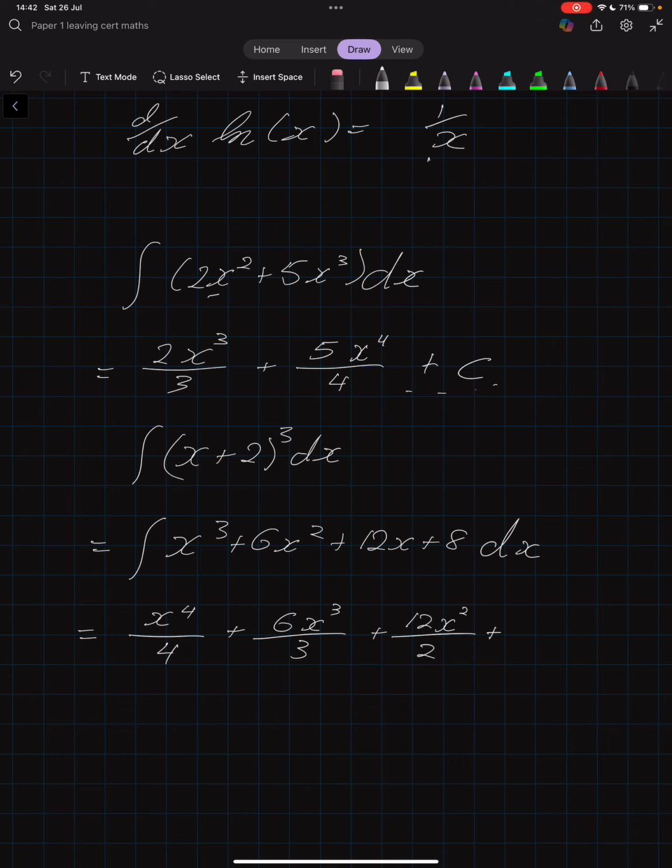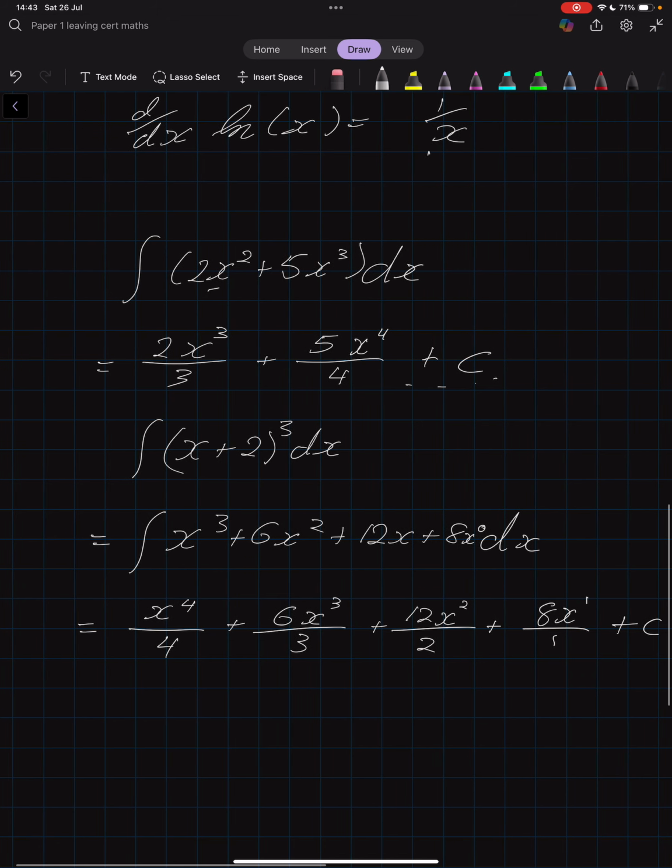Now, what happens if I integrate a constant? Before, if you differentiate a constant, you get 0. Now what happens when you integrate a constant? 8 is the same thing as 8x to the power of 0. So if I add 1 to the power, I get 8x to the power of 1 divided by 1.